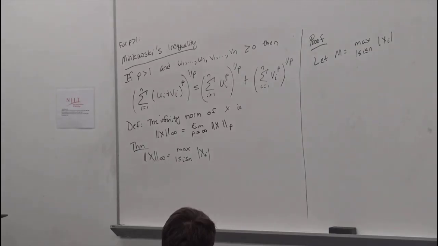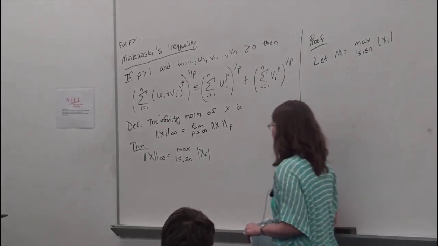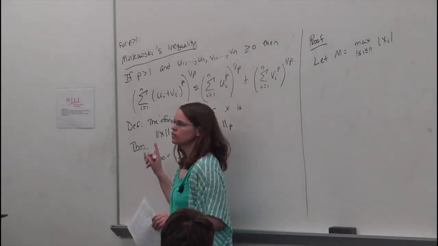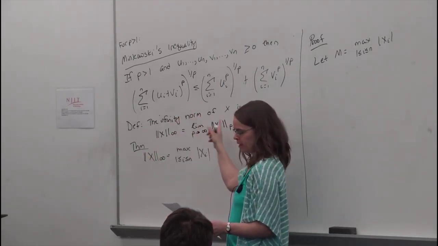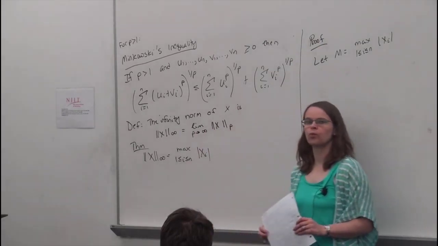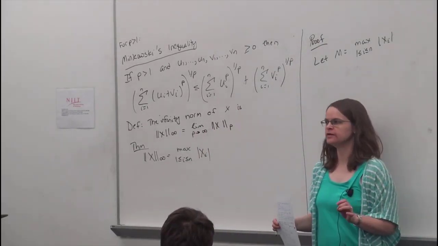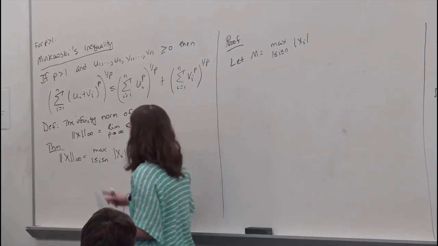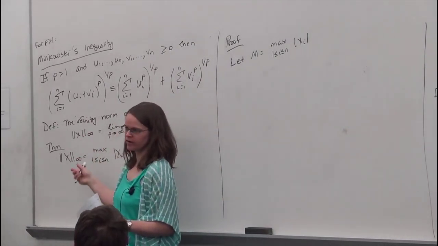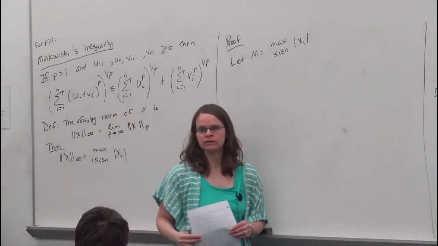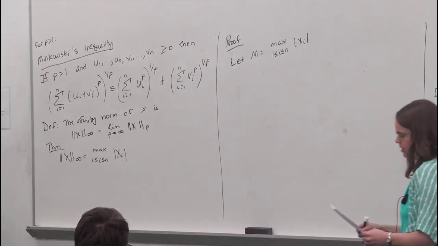Okay, so what do I need to do? I need to prove that M is equal to this infinity norm, which we define through a limit. So one way to prove things are equalities is to prove that the infinity norm is less than or equal to m, and also that it's greater than or equal to m. So you're not trying to do all the work at once.